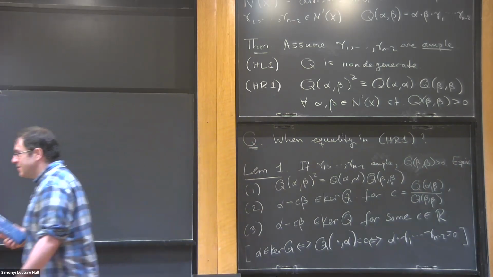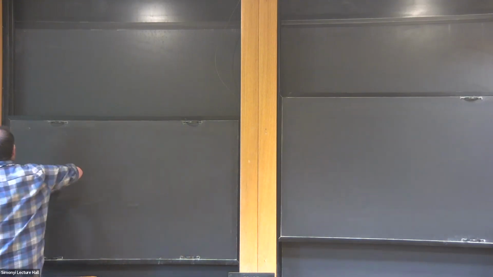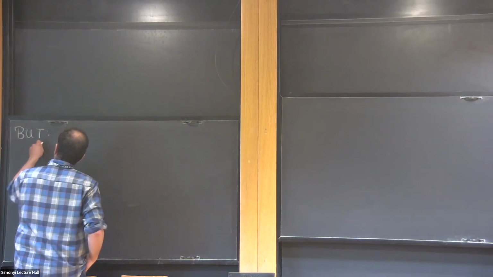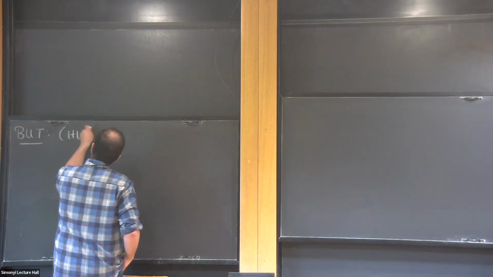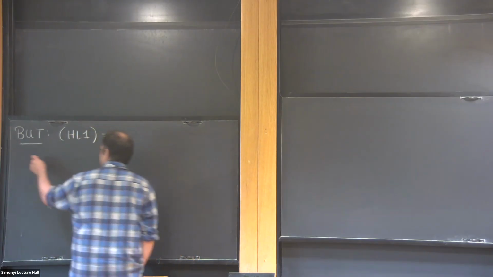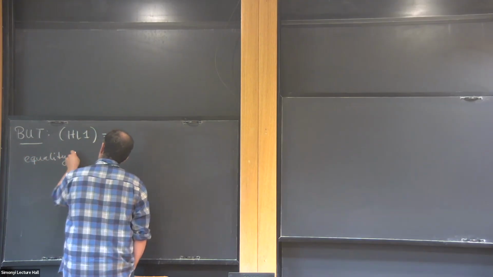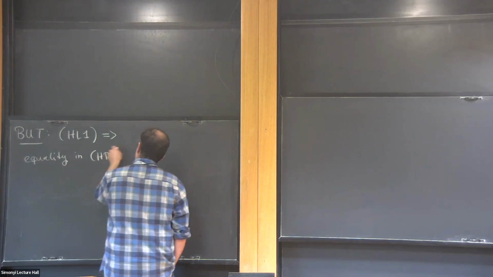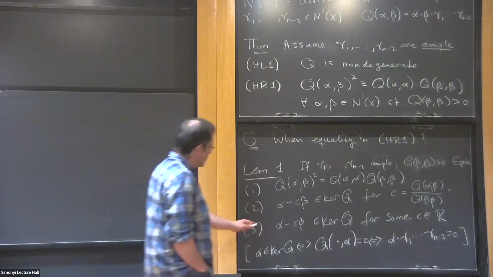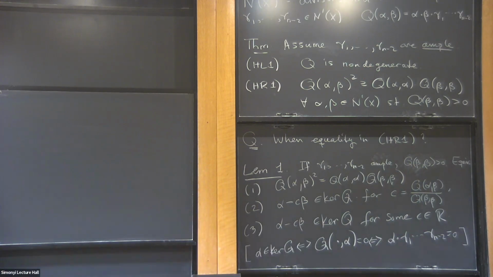But indeed, the point is now that by the Hard Lefschetz theorem, if you have equality, then if and only if alpha minus a constant times beta is in the kernel of Q, but the kernel of Q is trivial, right? Which means that alpha and beta are proportional.